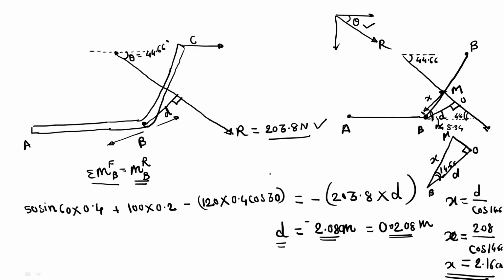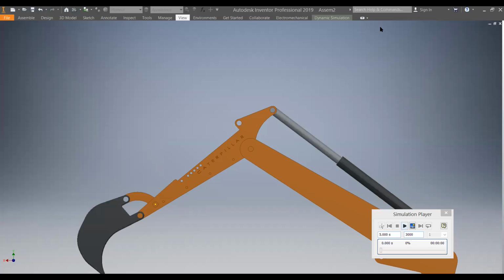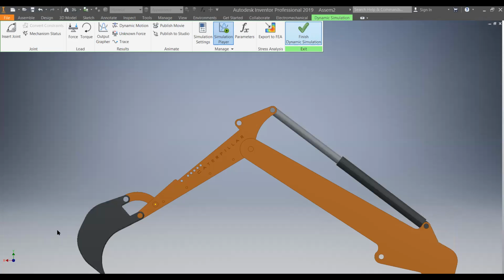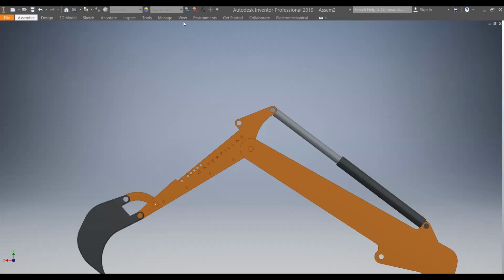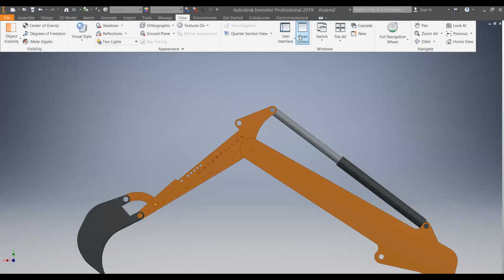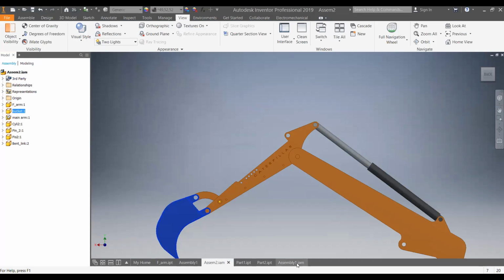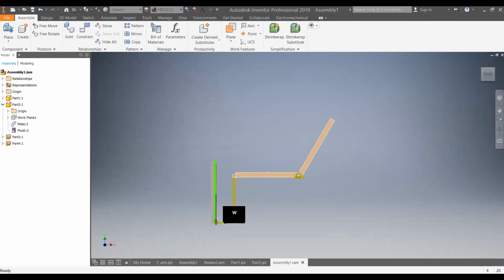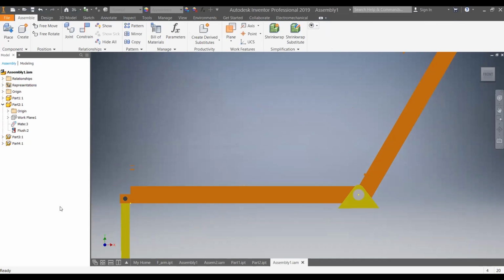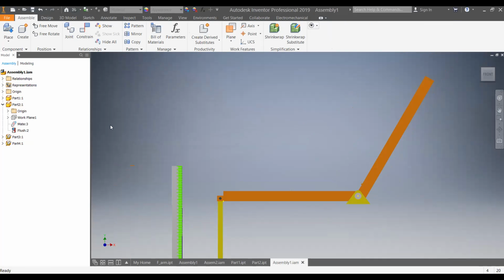Now I'll show this simulation, how these forces will cause the rotation of this complete system. So this is the system. This point is A, this is the B point, that is a hinge point, and this is the C point.